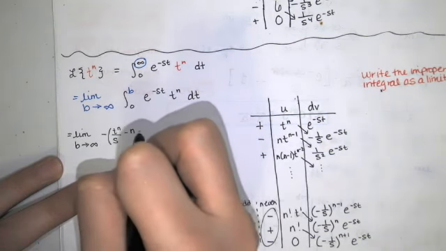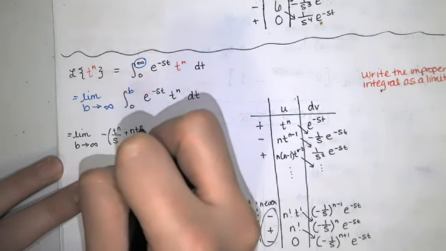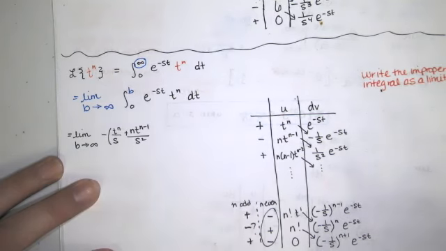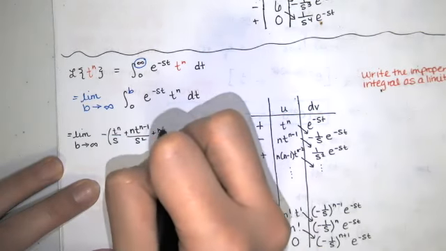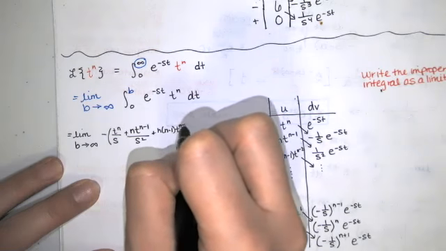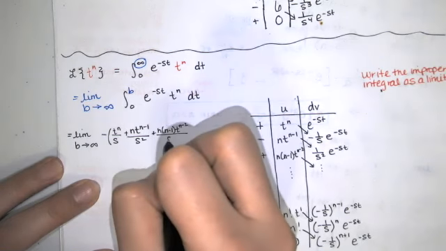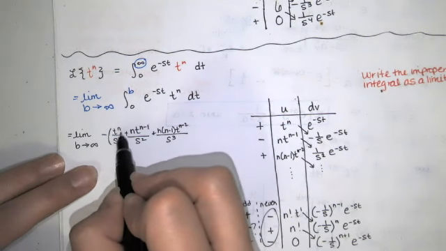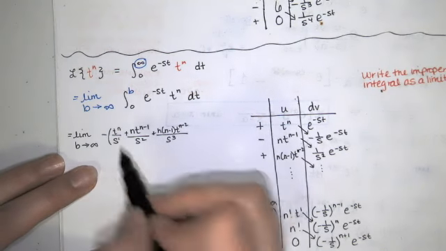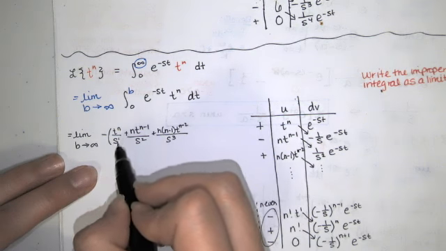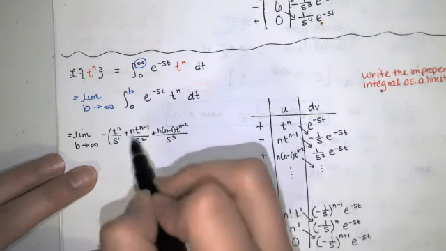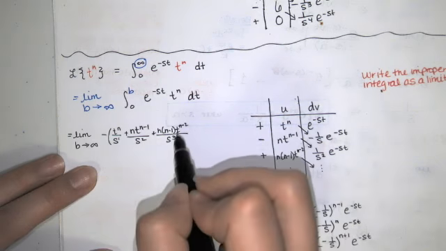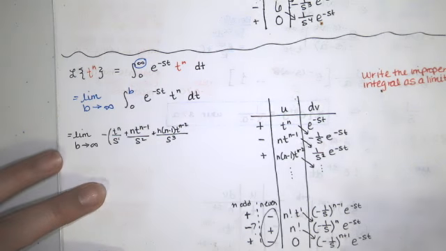And then we'll have negative or plus n times t to the n minus 1 over s squared. And then we're going to have n times n minus 1 times t to the n minus 2 over s cubed. Notice that when you add these exponents together, the n and the exponent in the denominator here, you get n plus 1. This plus this is n plus 1. This plus this is n plus 1. This plus this is n plus 1.